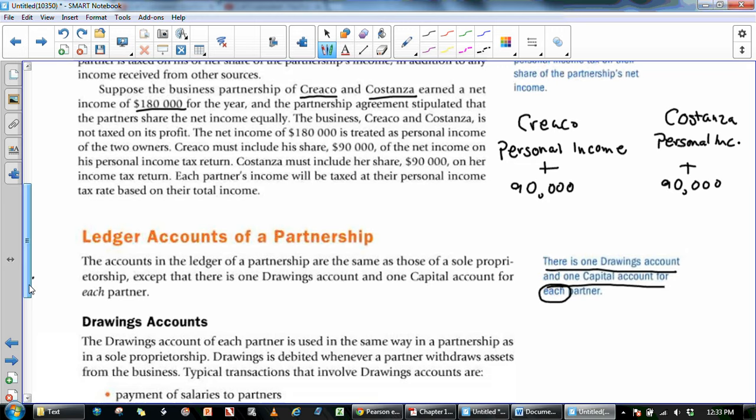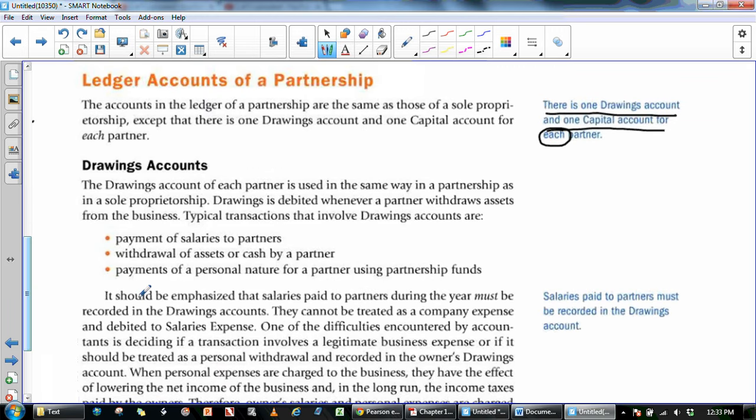But before we do that, let's read a little bit. So it's used in the same way. It is used in exactly the same way. So capital increases on the credit side and drawings increases on the debit side. Exact same thing. Okay? So drawings is debited whenever a partner withdraws assets from the business.